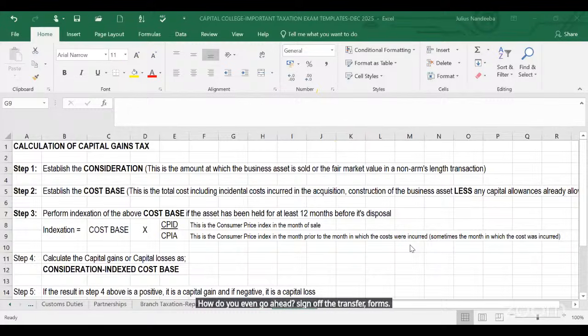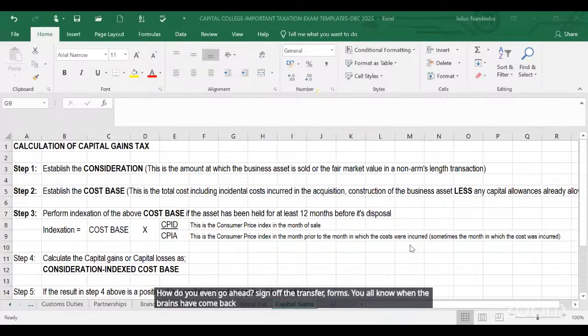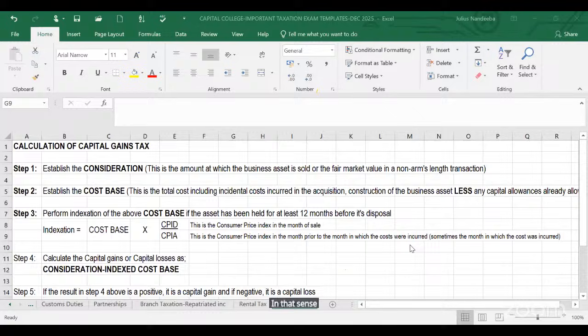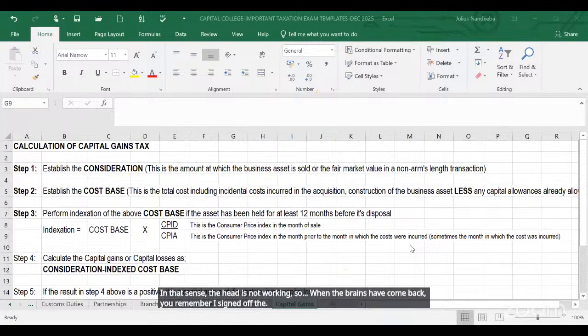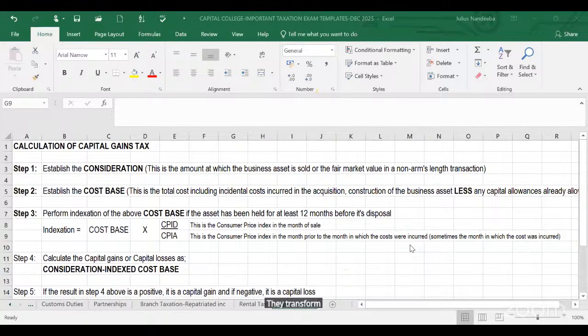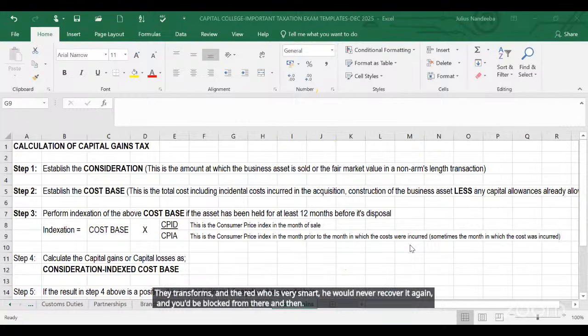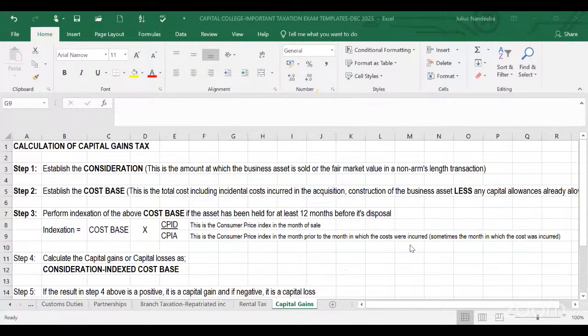You only remember when the brains have come back, you know. In that state, the head is not working. So when the brains have come back, you remember I signed off the transfer forms. And the lady who is very smart, you would never recover it again. And you'll be broke from there and then. You count your losses, not so.